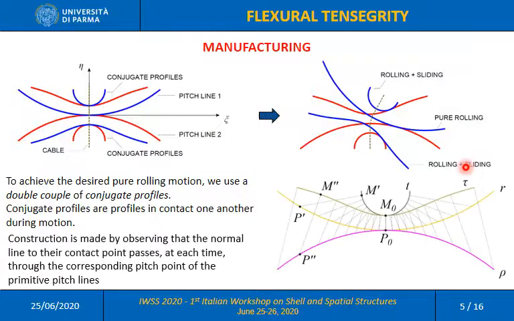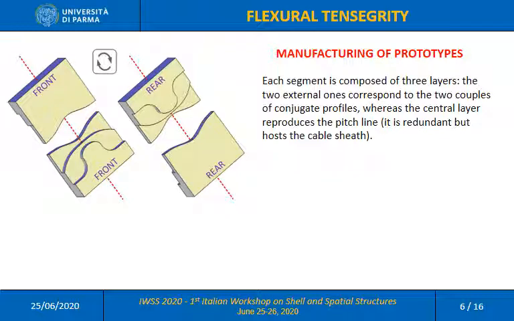Construction of each couple of conjugate profiles is made with the so-called method of the normals, by observing that the normal line to the contact point passes at each time through the corresponding pitch point of the primitive pitch lines. The profiles are incorporated in each segment, which is composed of 3 layers.